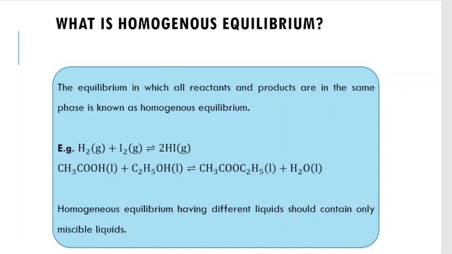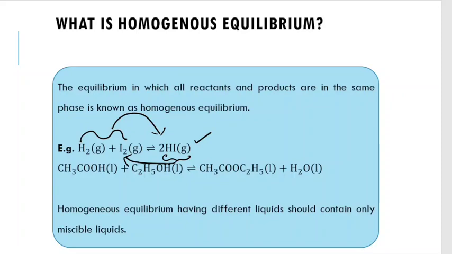H2 plus I2 gives 2HI, where H2 and I2 are the reactants converting into the HI product. HI is decomposing to convert into H2 and I2, where the reactants and products exist in the same physical state, you can say the same phase. Hence, this reaction is called homogeneous equilibrium.